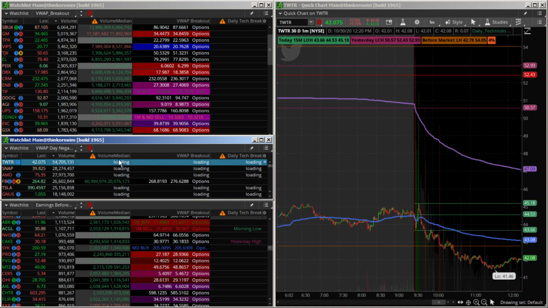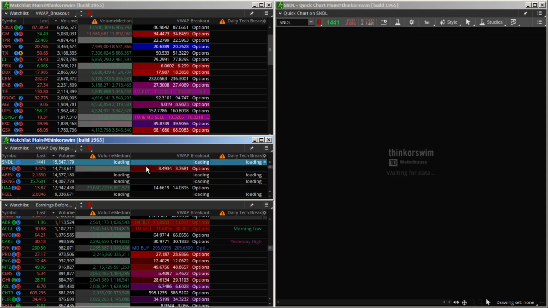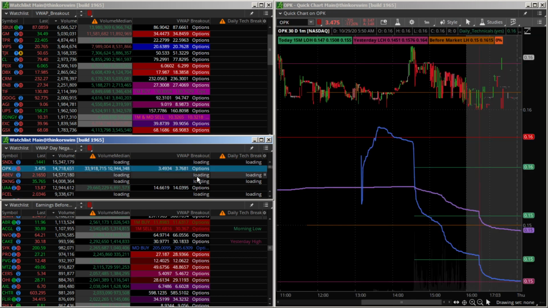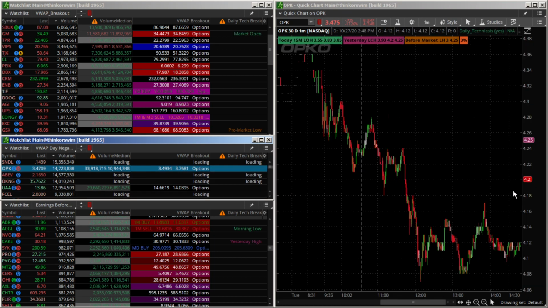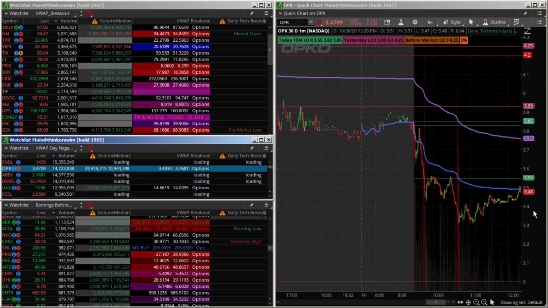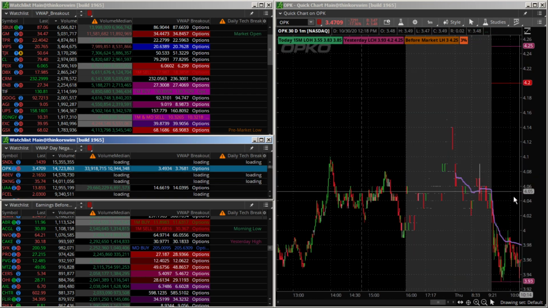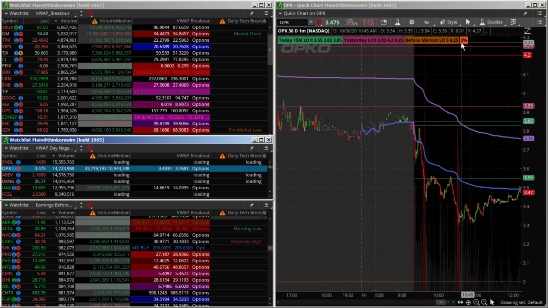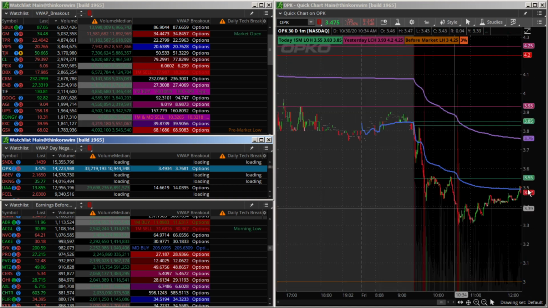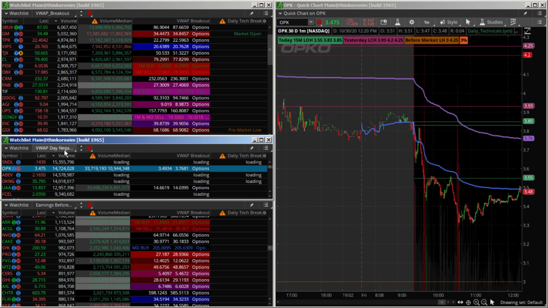So whenever you see color popping up, for example, on Twitter, that means that we're very close to one of the VWAPs. Here's one. So OPK, we're closing in on one of the VWAPs. See, we're just at the minute VWAP, and we're at 3% of the daily range under the VWAP. There's one for positive.